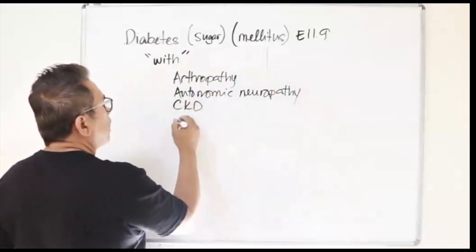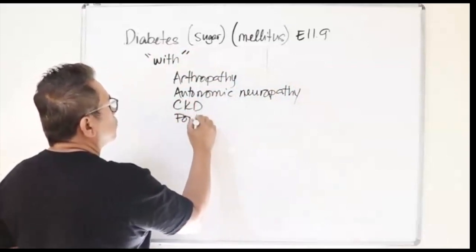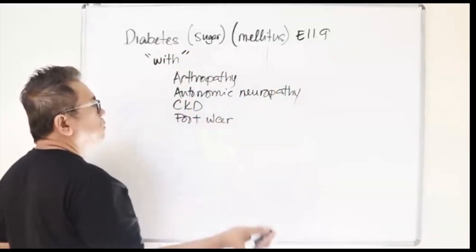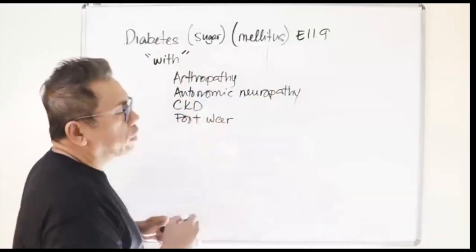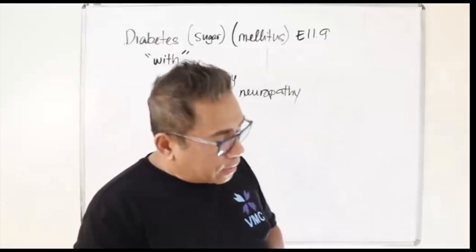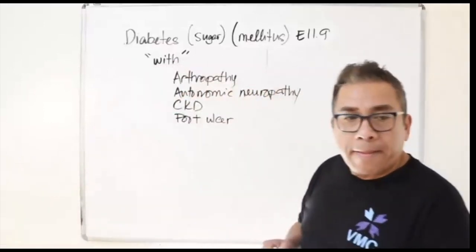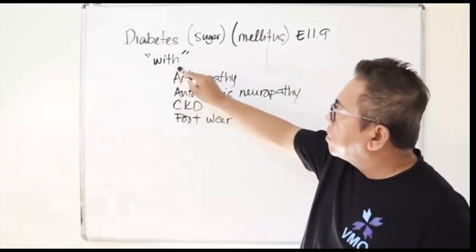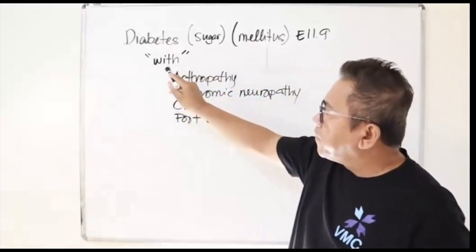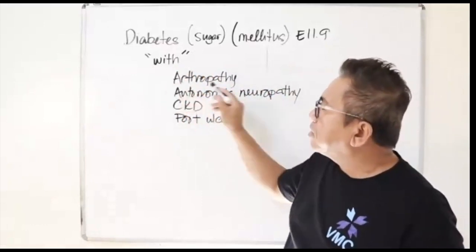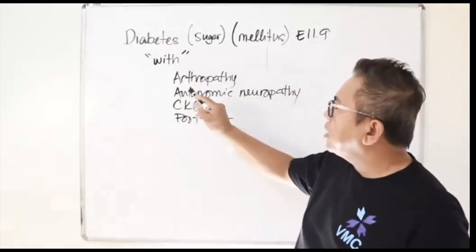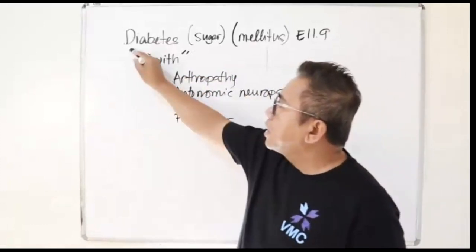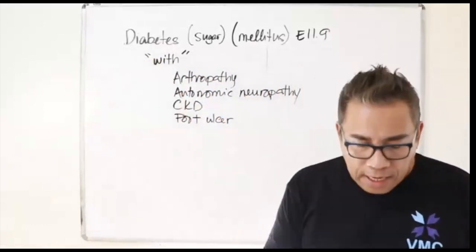What else? You have foot ulcer. You have many others. Now, what's the point here? The point is that again, this word "with" here is a very important link word that connects CKD, autonomic neuropathy, arthropathy, foot ulcer directly to diabetes.